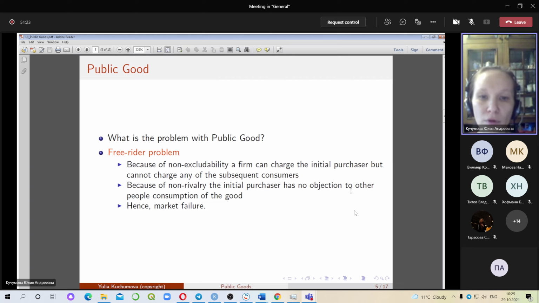And because of non-rivalry, the initial purchaser has no objection to other people's consumption of the good. Hence, there is a market failure, right? The other story is that if the public good is already there, it's really hard to force people to pay for that public good. So financing a public good is really a problem because of that logic, right?